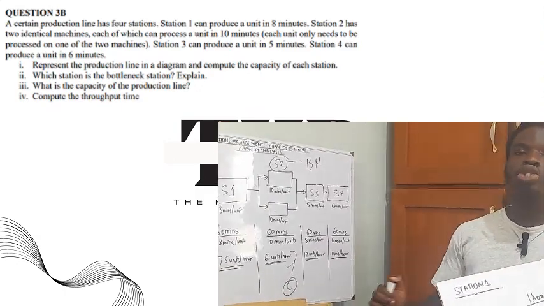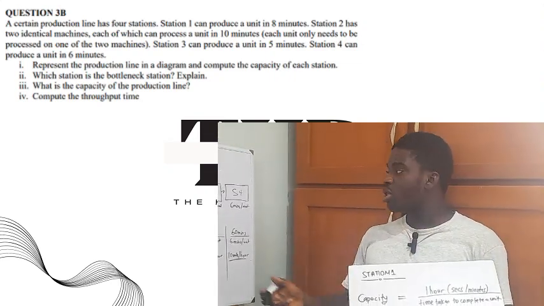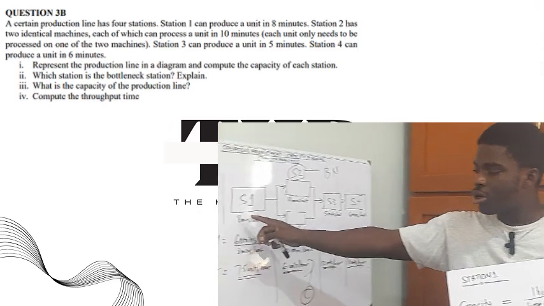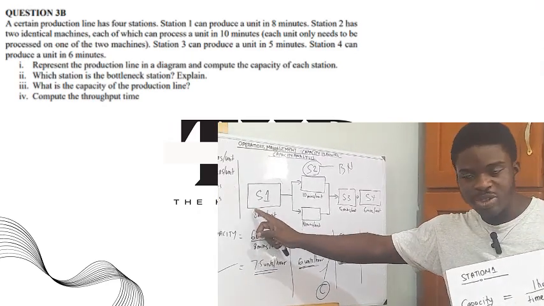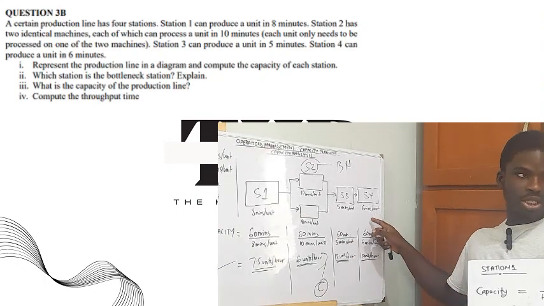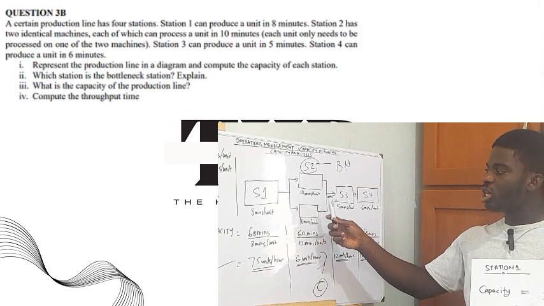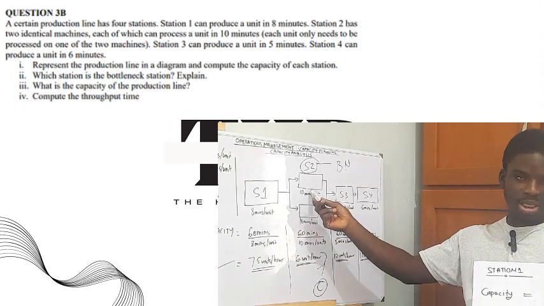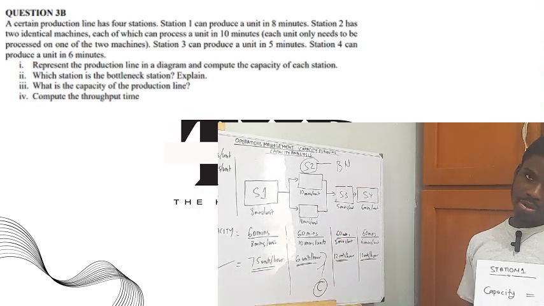Now you have to compute the throughput time. The throughput time is the amount of time it takes per unit from the start of production to the finish. So how do you get that? You cannot do 8 plus 10 plus 10, because that is just one thing.